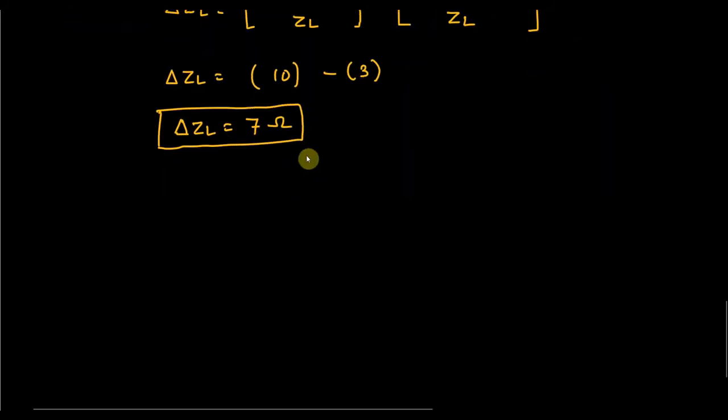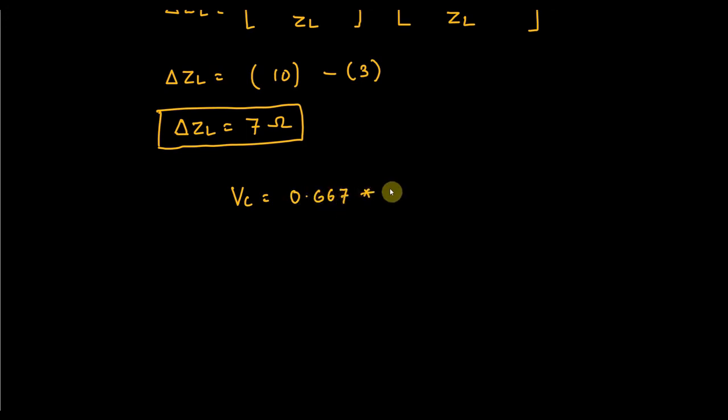Fine. Now we know delta ZL, we know I. So you can get VC. So what is the value of VC? VC is 0.667 multiplied by 7. It comes out to be 4.7 volt. Okay. So this is our second step.